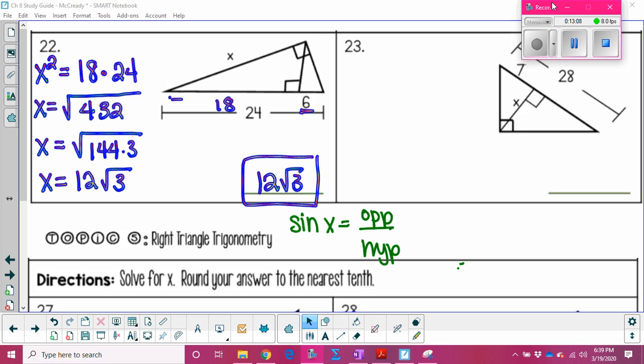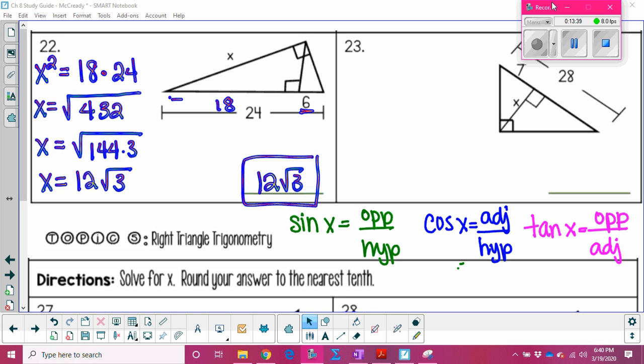And you also have a cosine of angle x is equal to the adjacent side over the hypotenuse. And you also have that the tangent of angle x is equal to the opposite side over the adjacent side. Okay, so those are your three trig ratios.